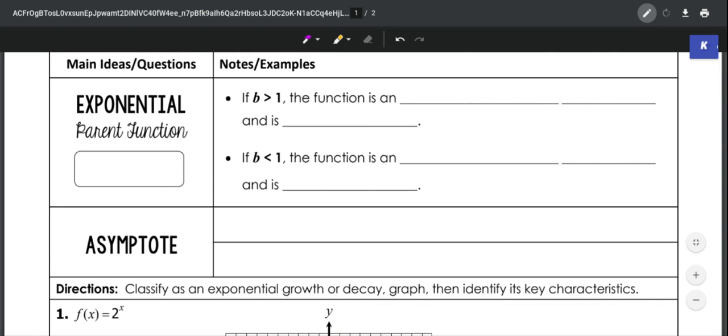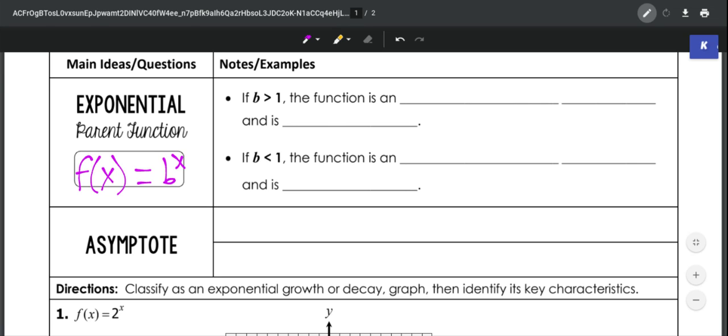So the first thing you need to know is the exponential parent function. That's going to help you with a lot of what we do when we get into transformations, and that is f of x is equal to b to the exponent of x. So b to the x, or whatever number that is going to be your parent function for your exponential functions.